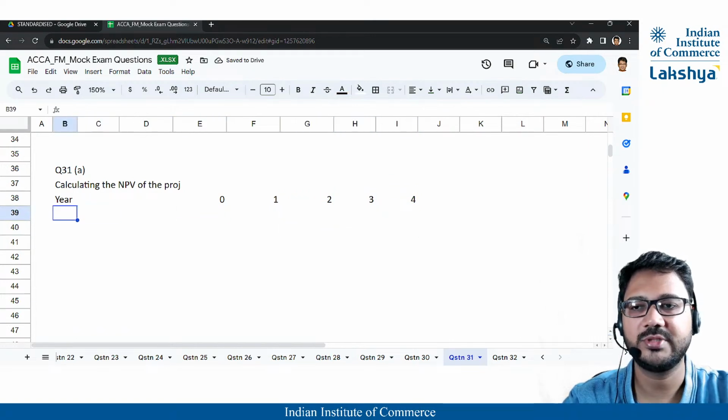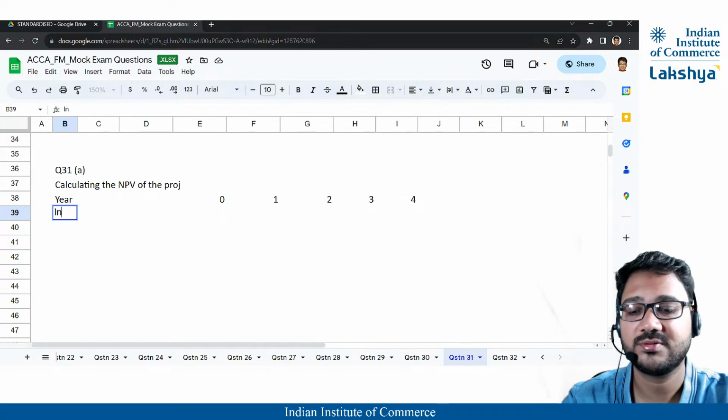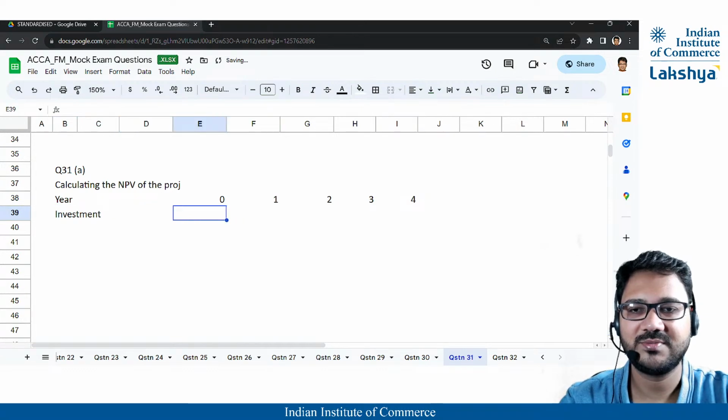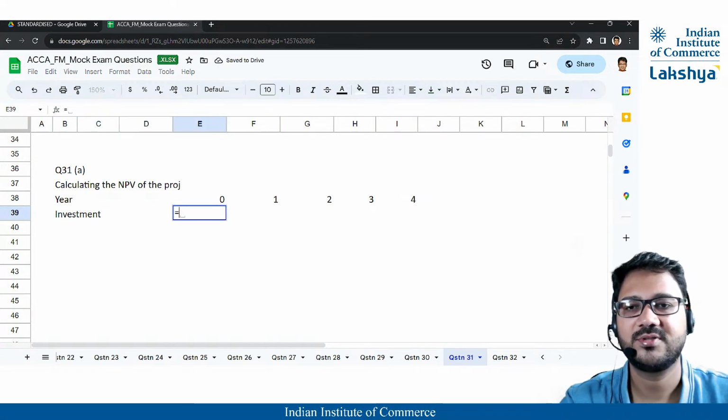Okay. Normally, what we do is firstly we put in initial investment. So rather, we can just call it investment because it's no longer initial. So investment in year 0.